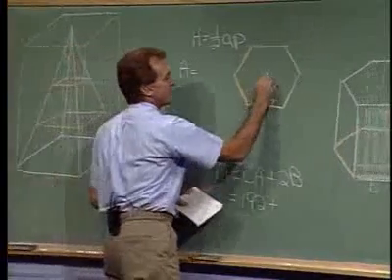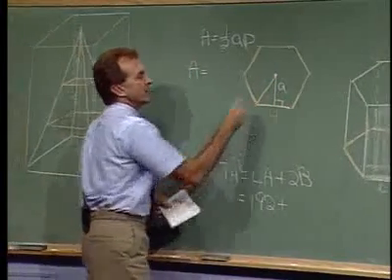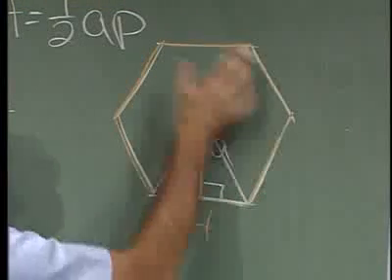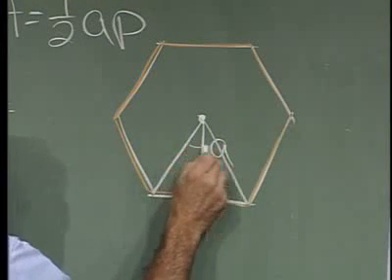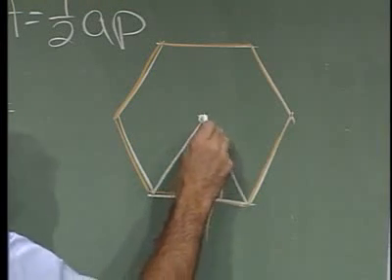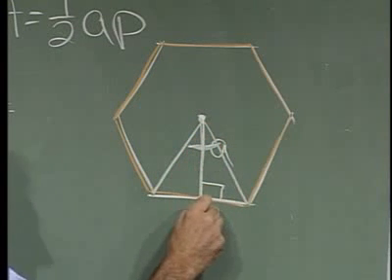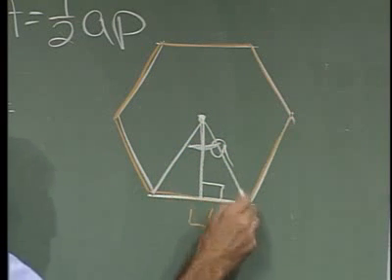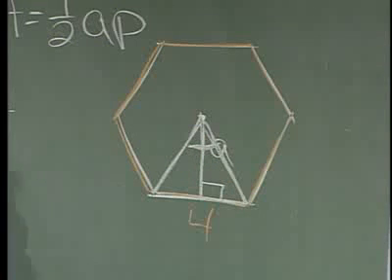So that would create a right triangle in here. And because this is a regular hexagon, each central angle in there is 60, and this then bisects that angle. What we have right here, therefore, is an equilateral triangle.